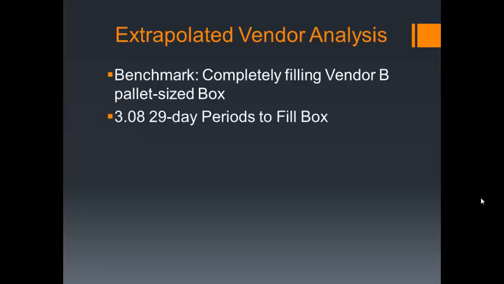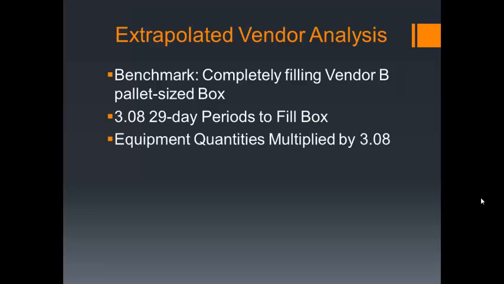So what I did is I extrapolated the volume and divided the volume taken by the collected volume of the IT hardware and peripherals, and how many times that would have to be repeated to fit into that entire box. And it turns out the number was 3.08. So it would have taken about three 29-day periods to fill the box, so roughly 3 months.